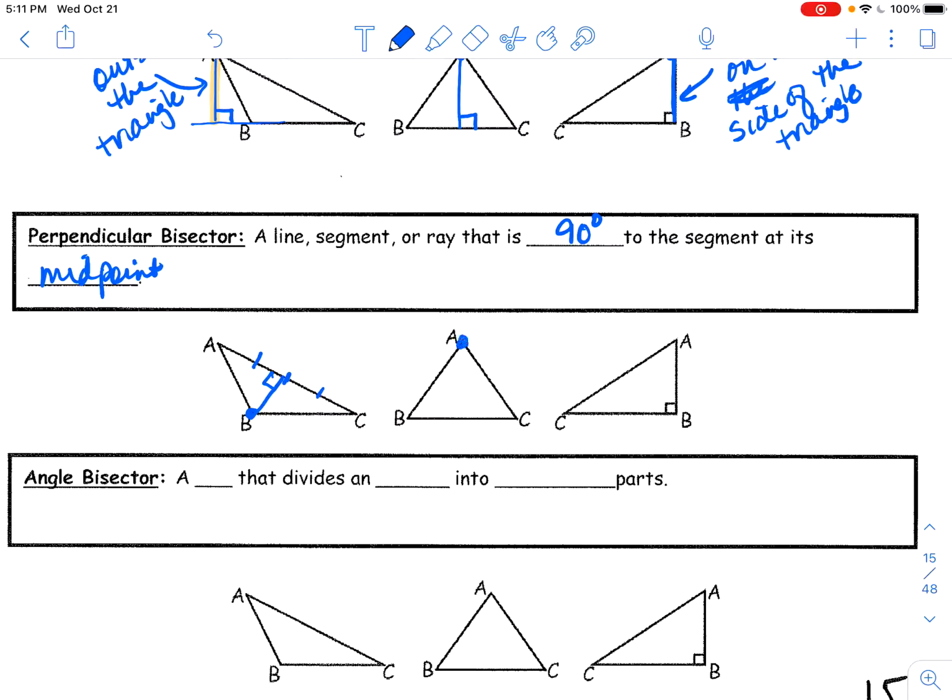From vertex A on the second triangle, I'm going to bisect that side and be a right angle. And on this last, I'm going to be perpendicular and bisect.